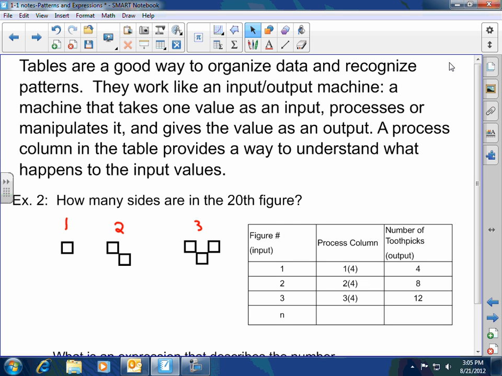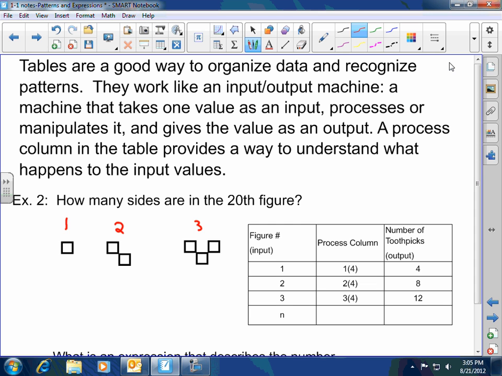Well, the first figure has a total number of toothpicks or sides, because these sides are made up of toothpicks in your book. The number of toothpicks is 4. So what did I do to that 1 to make it a 4? Well, I could have multiplied by 4, or I could have added 3.